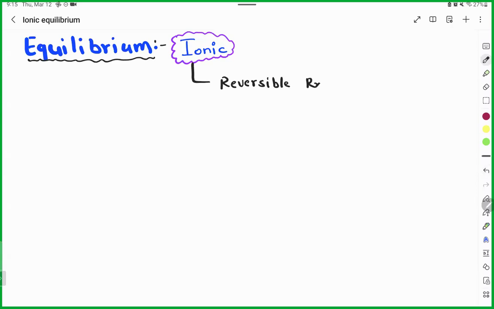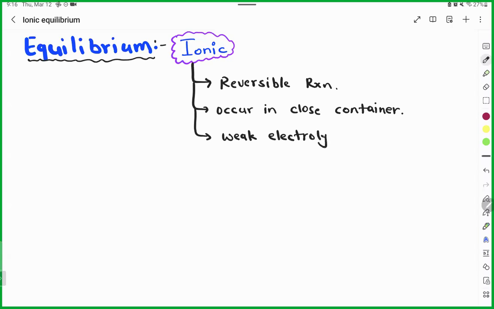Second, you know equilibrium always occurs in a closed container. So this occurs in a closed container. Correct. And third, this is applied to the weak electrolyte, because in a strong electrolyte there will be 100% dissociation.